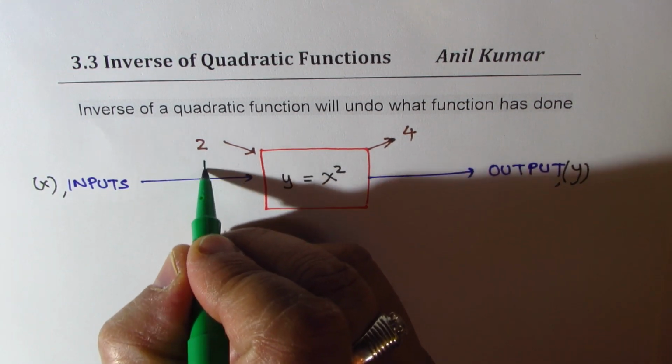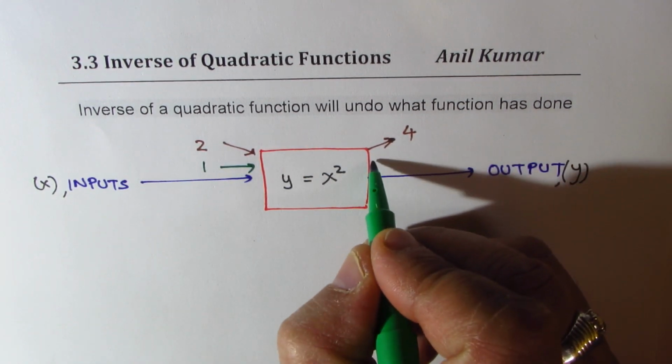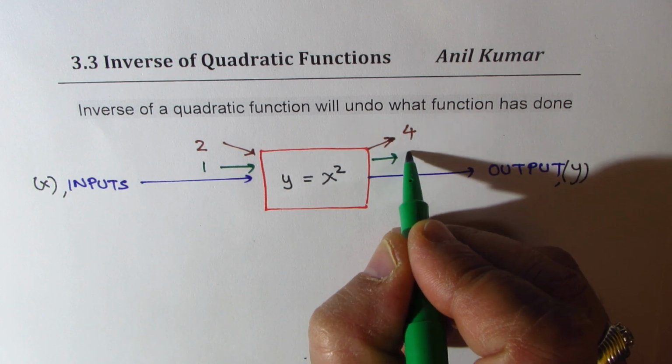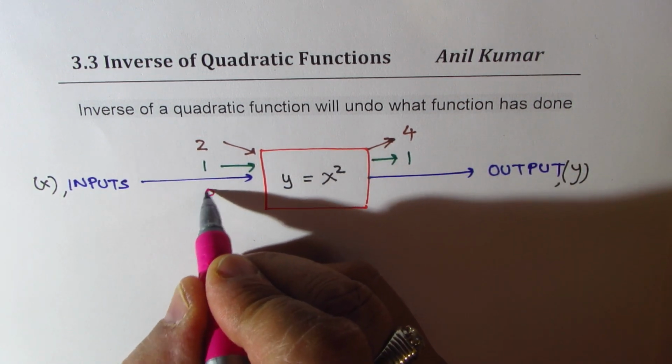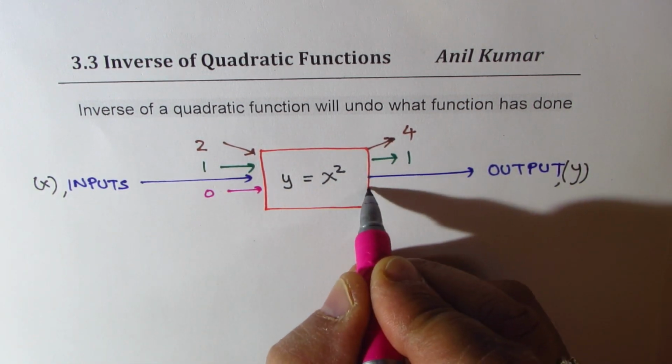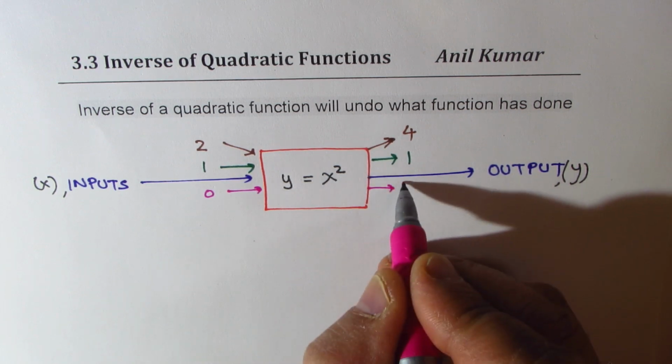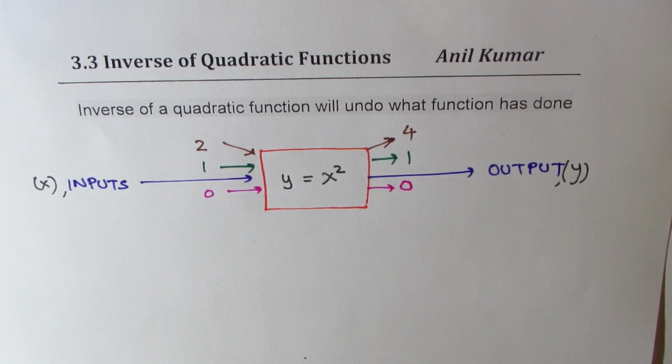Now if 1 goes in, what comes out is 1 squared, which is 1, correct? Now if 0 goes in, what comes out is 0 squared, which is 0 itself.